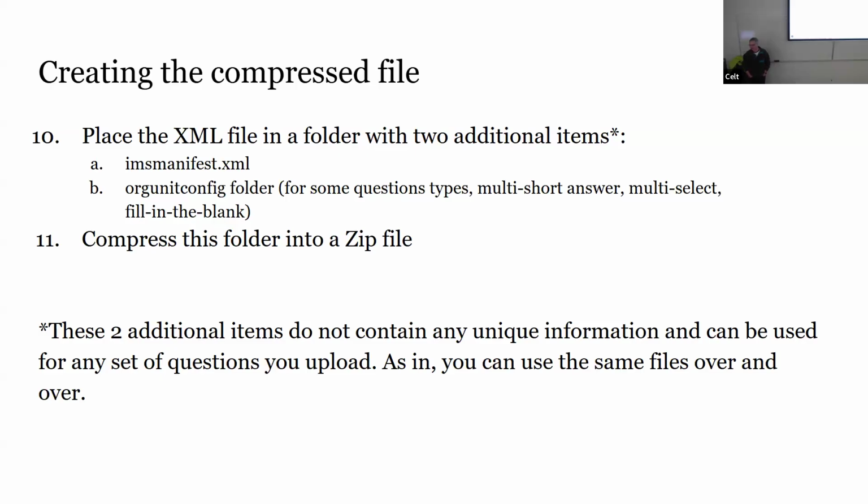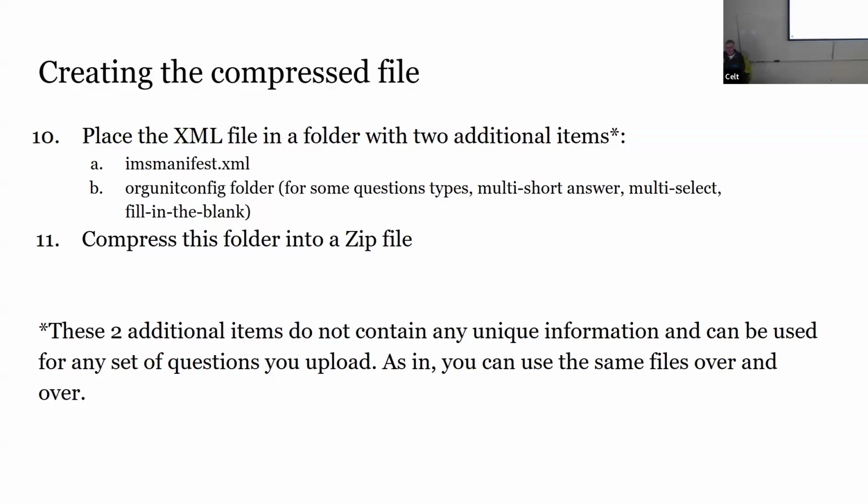This imsmanifest.xml file is required in that subfolder. There's nothing special about it. In fact, he and I just copy an old one and drop it in. We use the exact same file every time. I've got probably a few thousand questions and they all use the same manifest XML file.